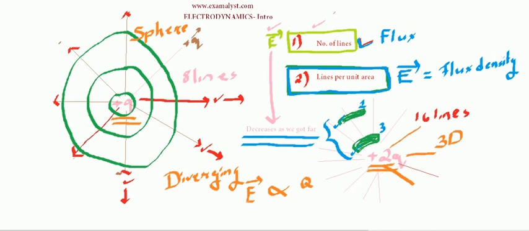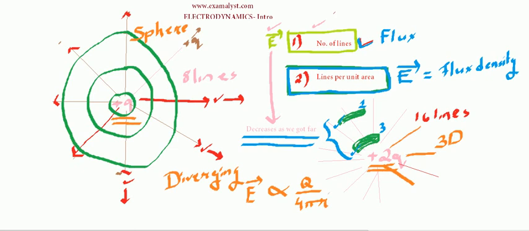So electric field is directly proportional to q. And electric field is inversely proportional to the area that it covers, that is, inversely proportional to 4 pi r square.